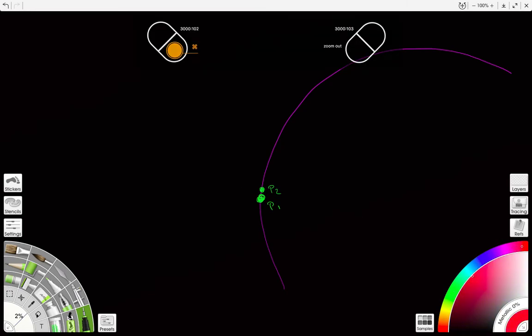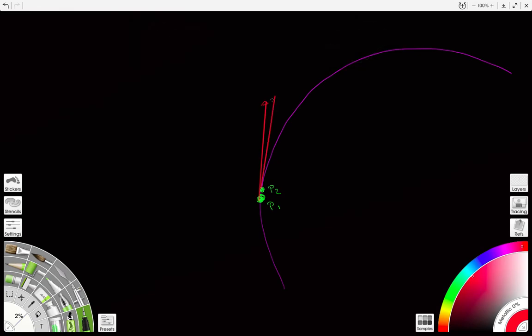So P1 has this velocity vector, and P2 has this velocity vector. Now let's reference these 2 points with respect to the center of the circle. This is the center of the circle.